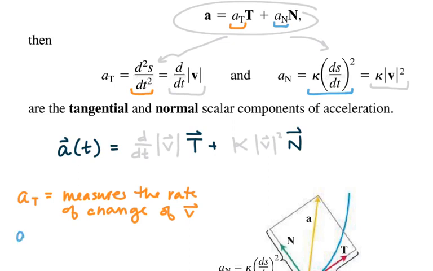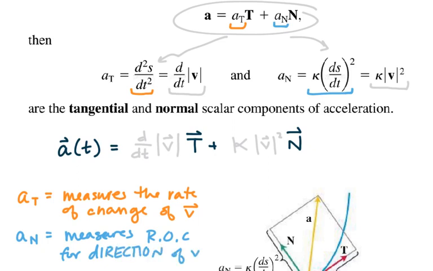And a sub n, that normal component, measures the rate of change for the direction of v.